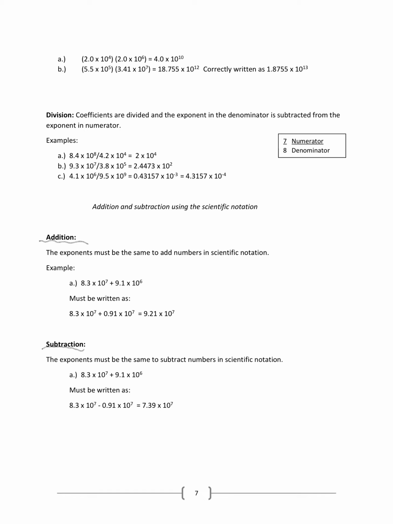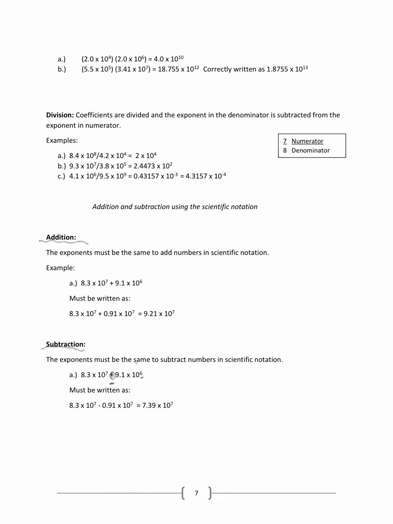In subtraction, again, the exponents have to be the same before I can actually subtract them. So I have 8.3 times 10 to the 7th. I made a mistake here. This is supposed to say negative, not plus. Minus 9.1 times 10 to the 6. You can see over here the exponents are different.